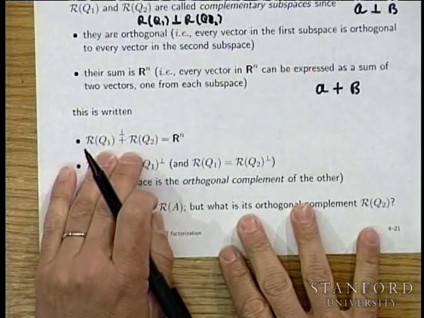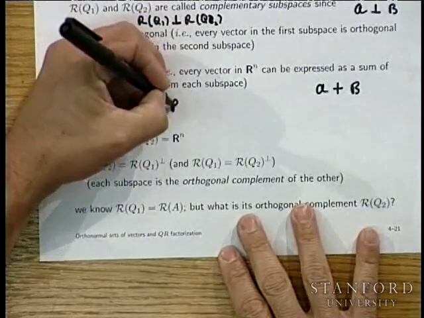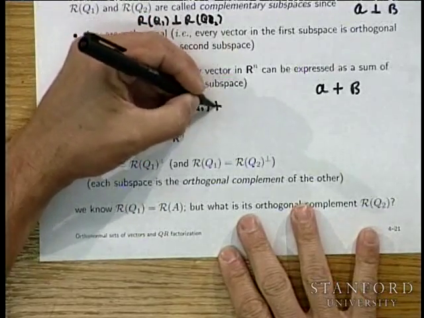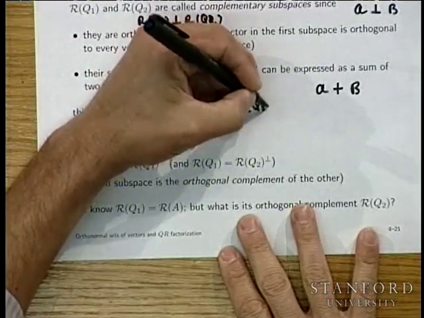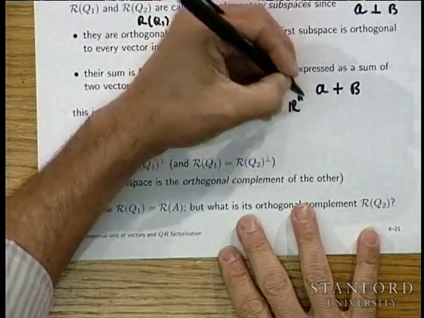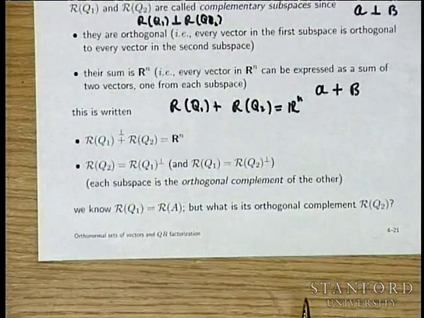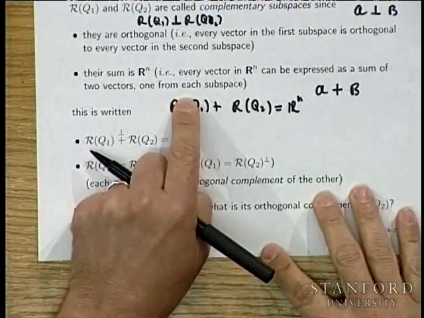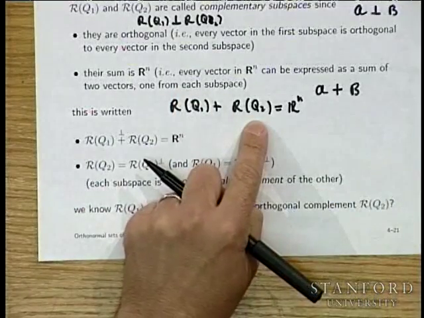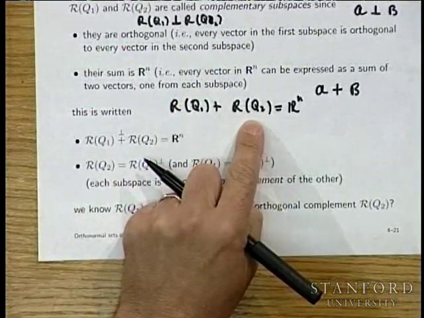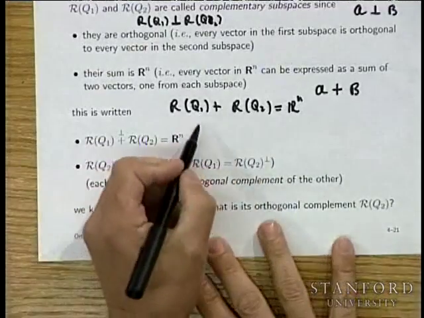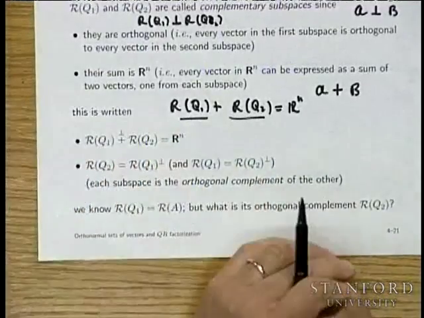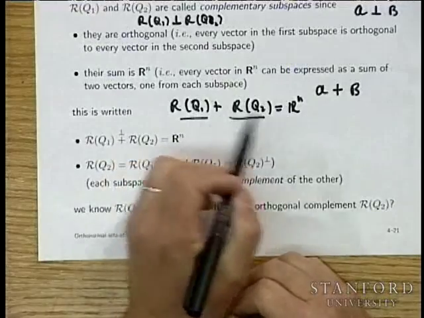So you write it this way: R of Q1 plus R of Q2 is equal to Rn. What that says is that if you pick a vector from here and a vector from here, add them, and do that over all possible choices, you get Rn.